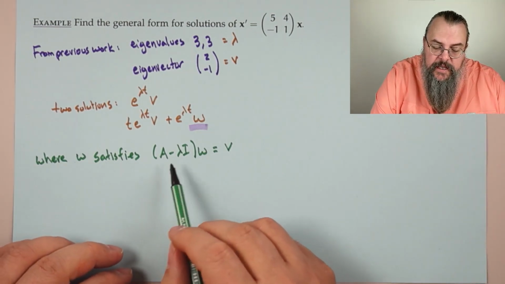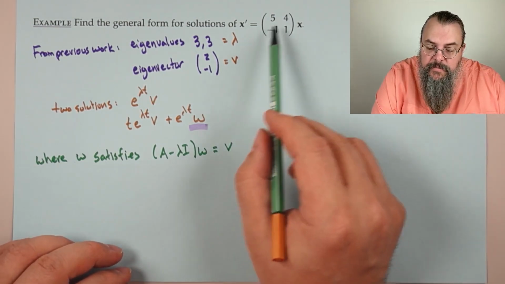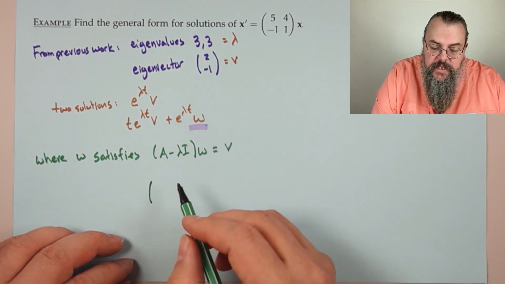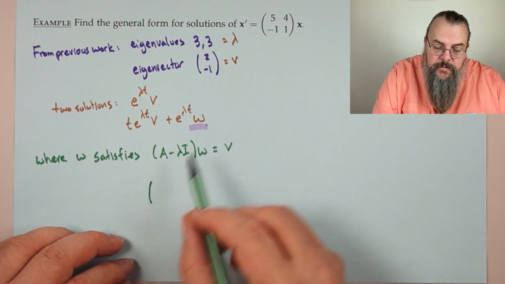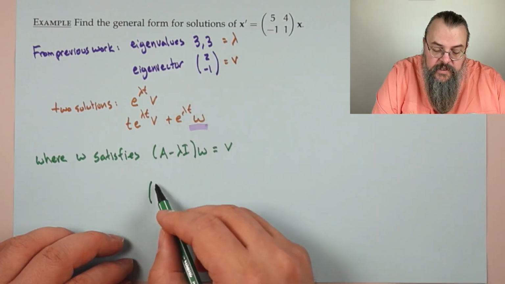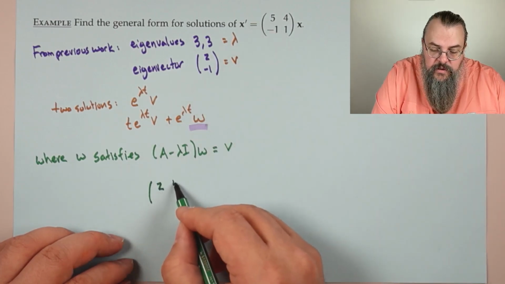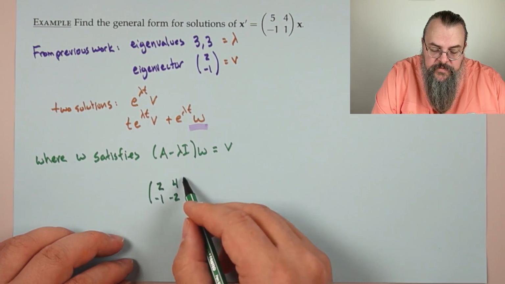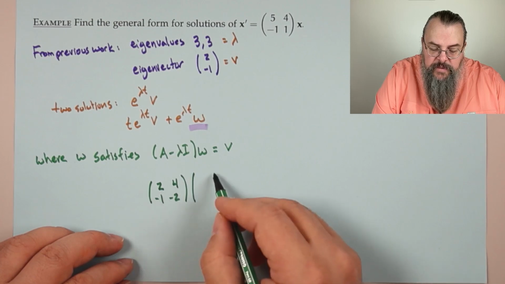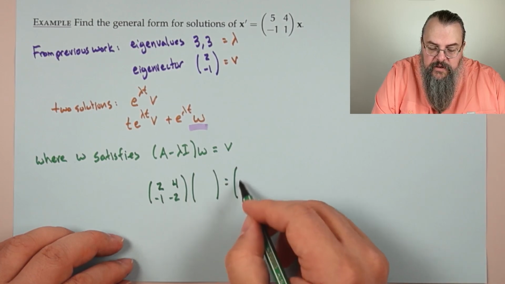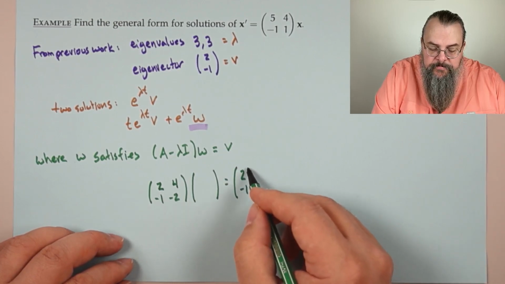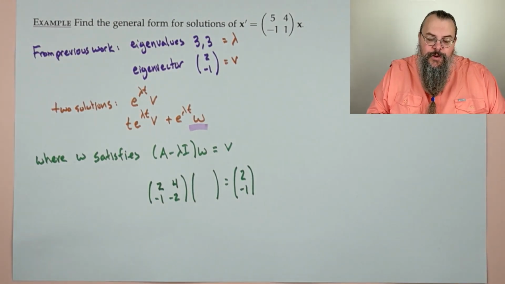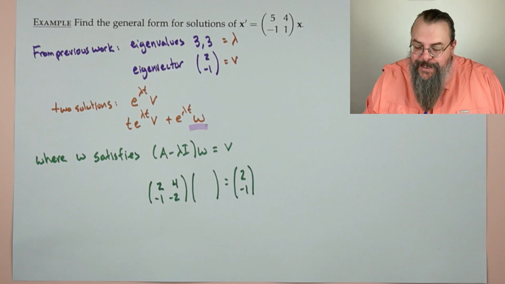So I'm going to take A minus lambda I. So I'm coming here, and what will that be? Well, we're subtracting 3 off the diagonal. So 2, 4, minus 1, minus 2. And I want to multiply by something, and I want to get out 2, minus 1. All right, so do you see a vector that works?